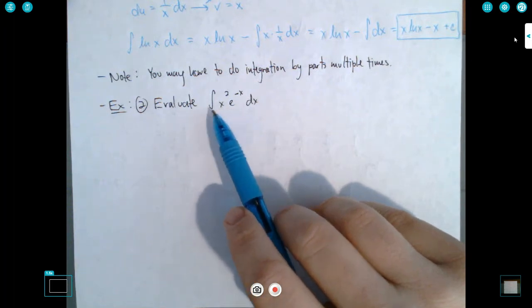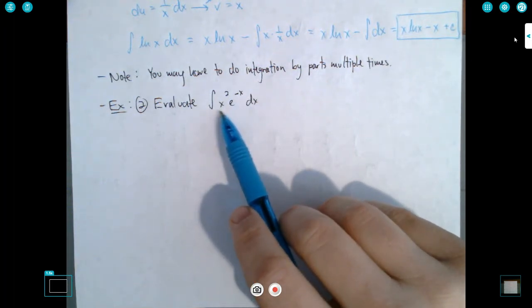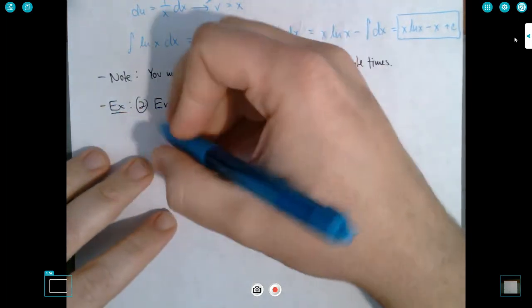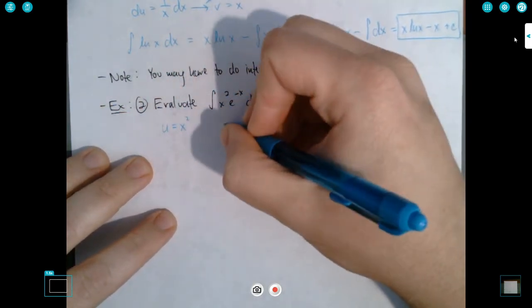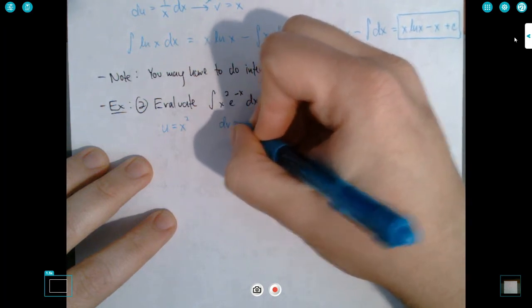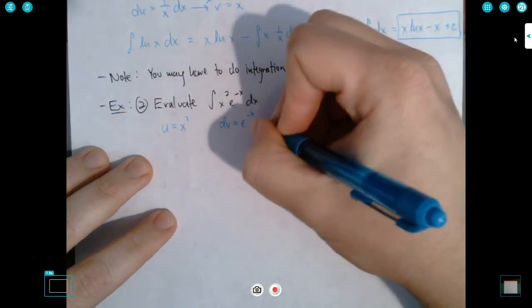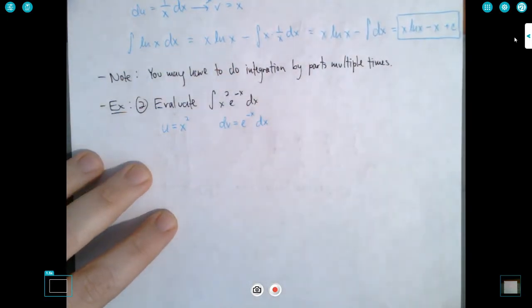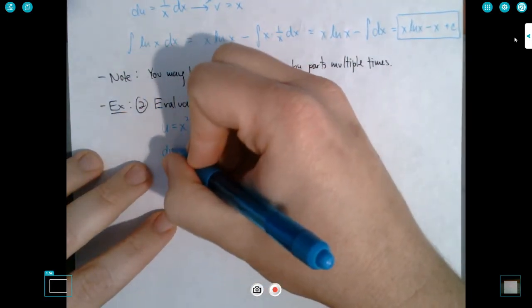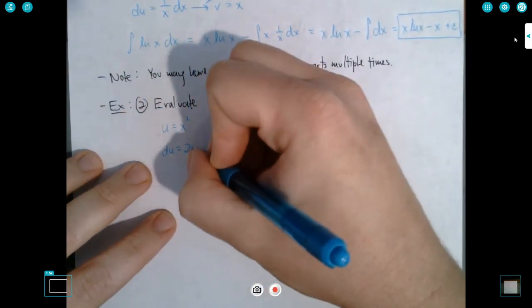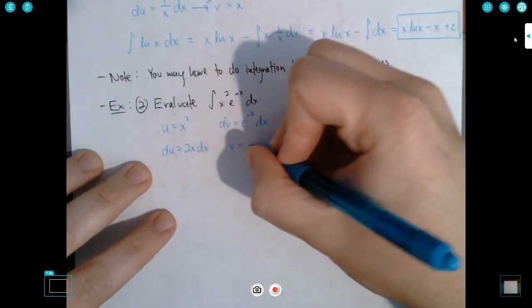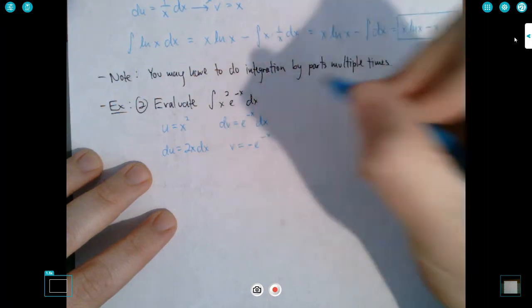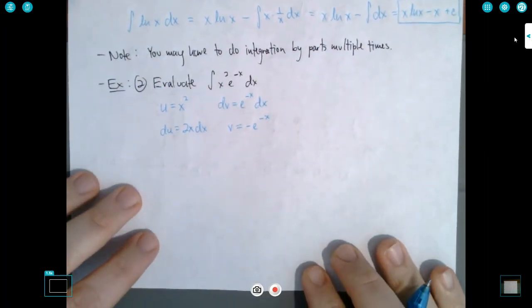So if I'm thinking about LIATE, I would let u be the algebraic function, right? So I'm going to let u be x squared, and I'm going to let dv be e to the negative x dx. Okay? So then du is going to be 2x dx, and v is going to be negative e to the negative x.